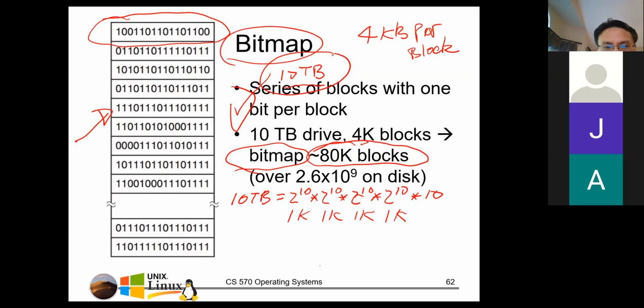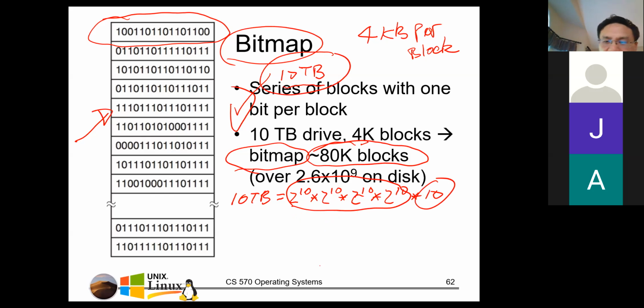If you multiply 1K 3 times, that would be 1 gig, so 1,000 of 1 gig is 1 terabyte. So this would be 1 terabyte, and 10 terabytes would be this.